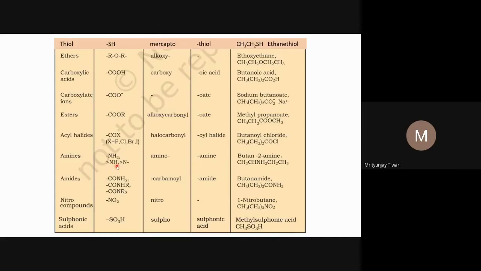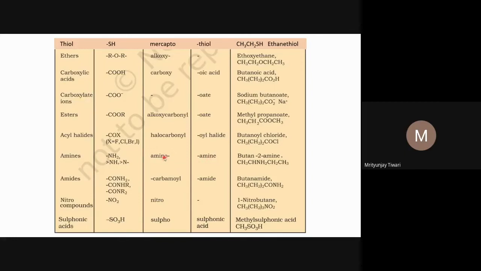If all three hydrogens of ammonia are replaced with three alkyl groups, then we call it a tertiary amine. For all these amines, if they are the subordinate functional group, meaning they behave as a substituent in a given compound, we use amino as a prefix to represent their position. If they are the principal functional group, we use the suffix amine.